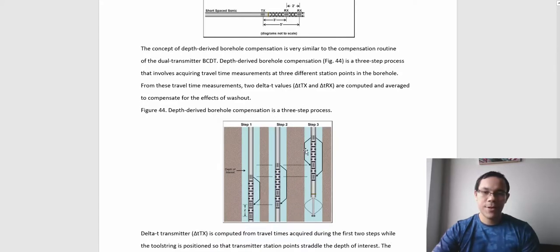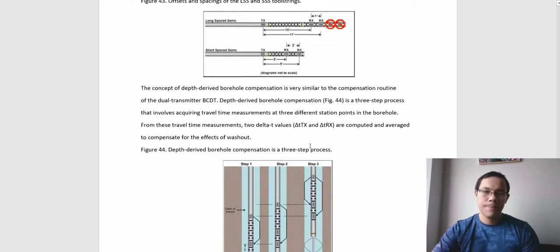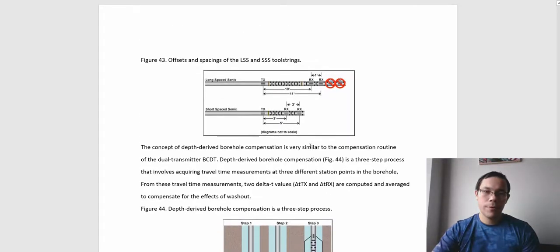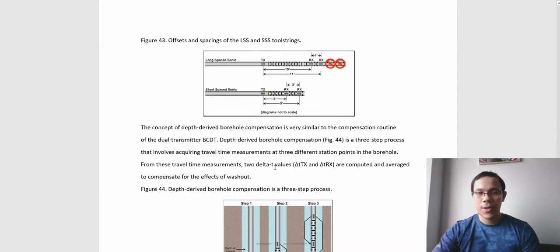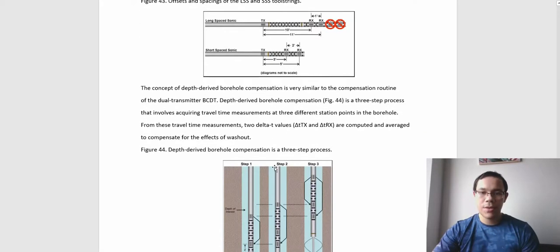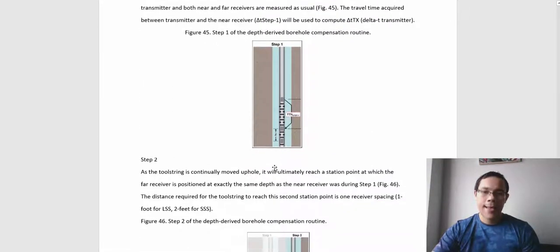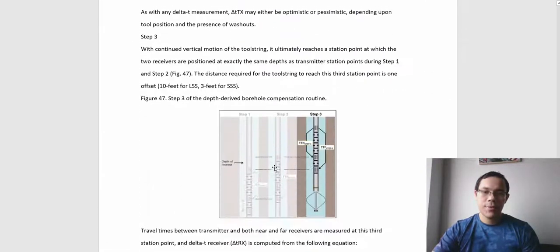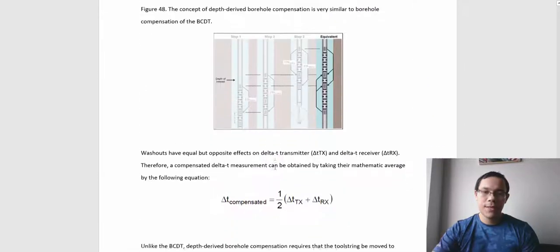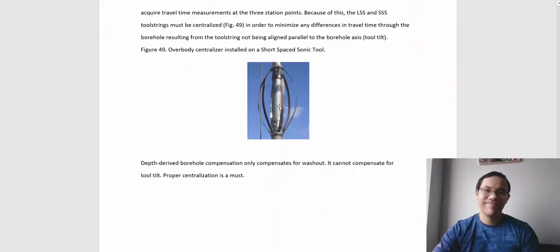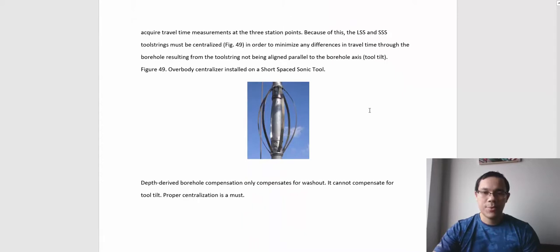In this case, you have a monopole transmitter, and to put it in short, with a short spaced sonic and one monopole transmitter, you can compensate for washout, but you cannot compensate for tool tilt. To solve that problem, you'll need a centralizer, and that will fix the problem in that case. So that was a quick review, and thank you very much for watching.